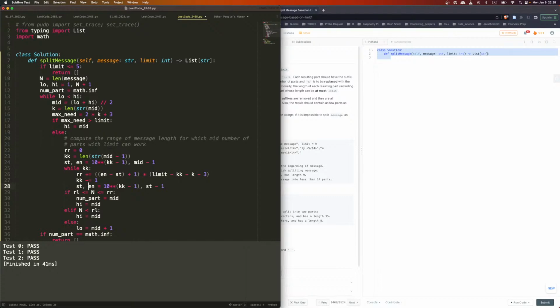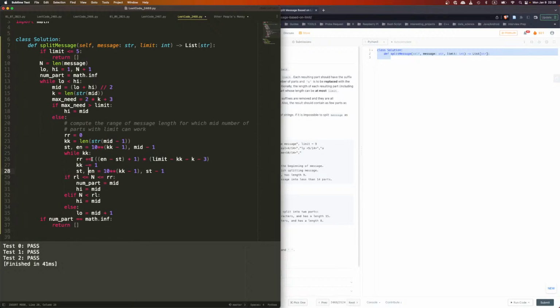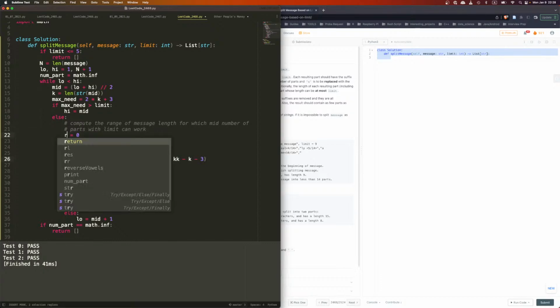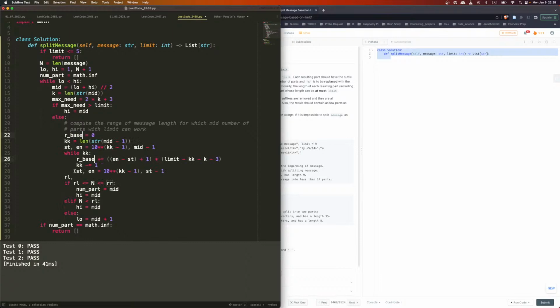So once that's done, we have the RR. Then we need to say RL, range right. Oh shoot, cannot say RR here. Call it range base. How about that? Range base.